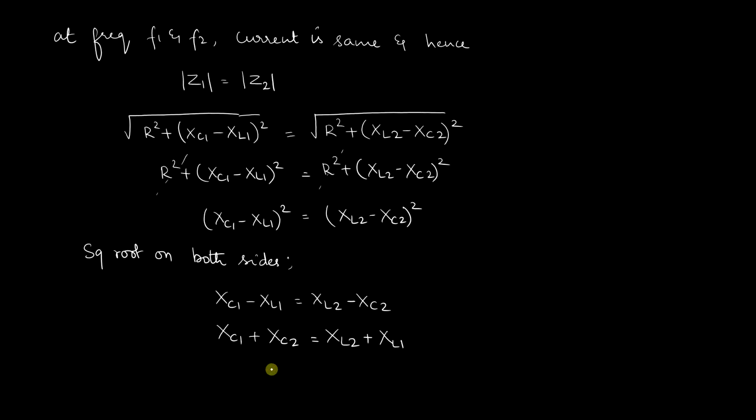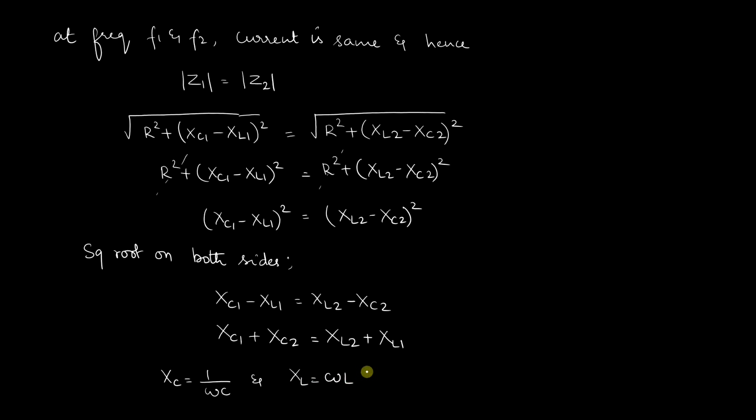Resonant frequency to be equal to the geometric mean of the angular half power frequencies. So it can come in that way also. So let me write this in terms of omega first. XC is equal to 1 by omega C and XL is equal to omega L.